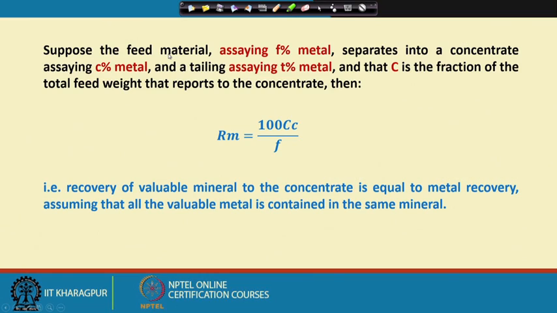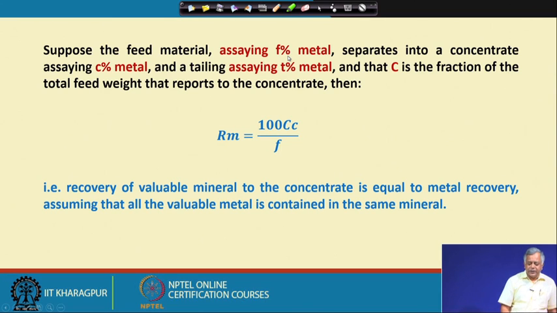Suppose the feed material into a unit operation has got F% metal. Assaying F% metal means the metal grade, that is the grade of that metal in that feed material, is F%, and we want to upgrade it to a concentrate and to a tailing.